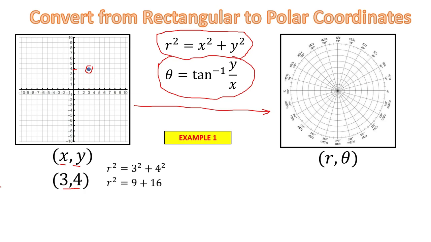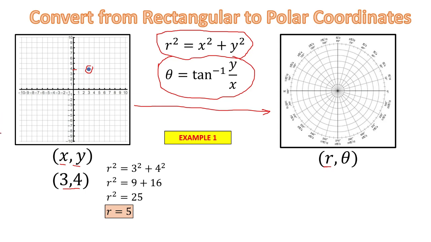3 squared is 9, 4 squared is 16, you add them and it is 25, and finding the square root, the value of r is 5. Now I have the value of r to write the point in the polar coordinate system.